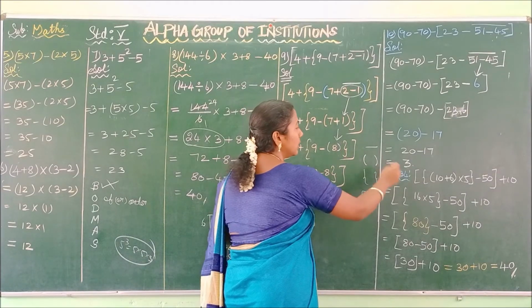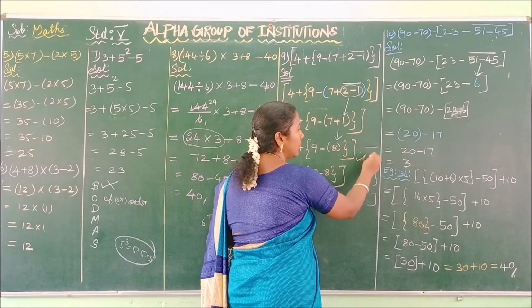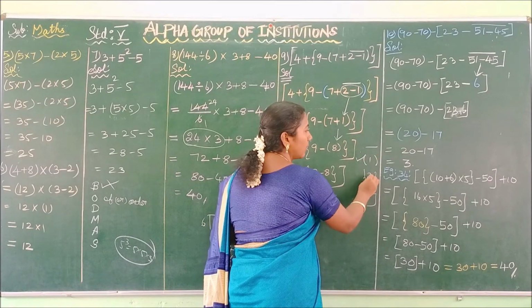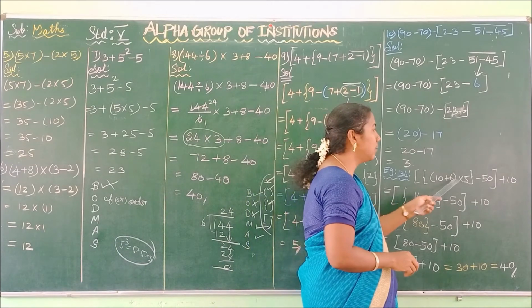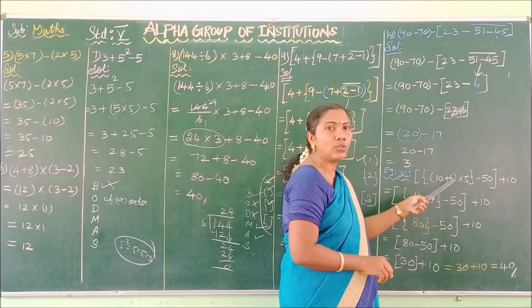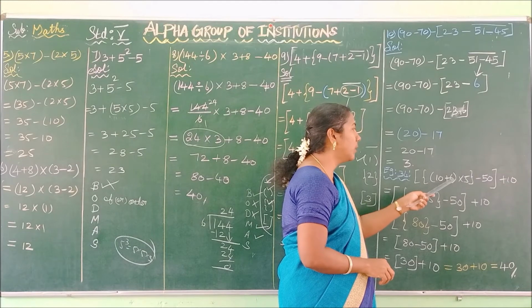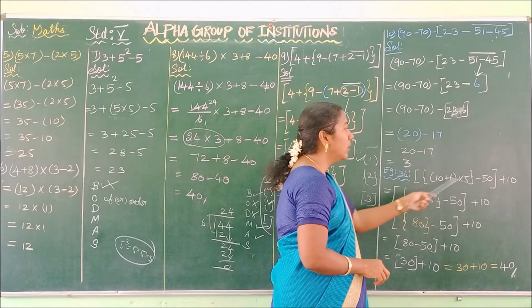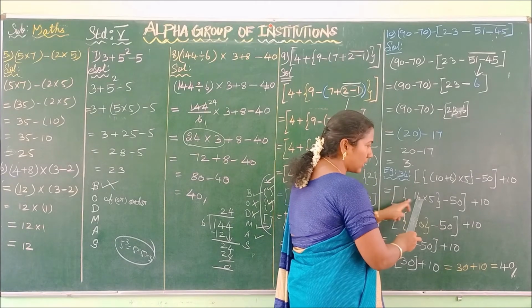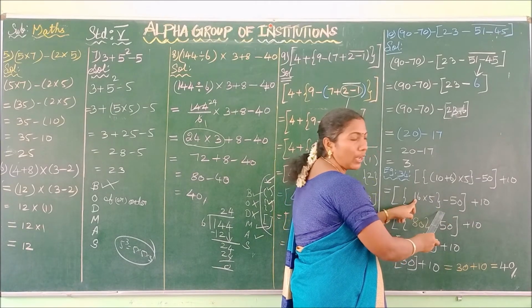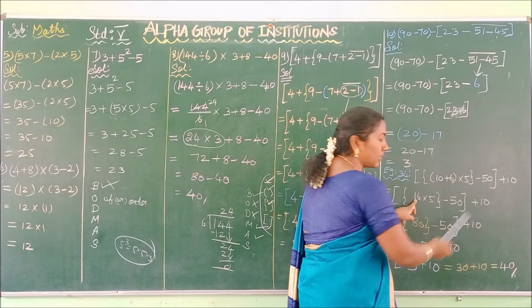Here we have a simple bracket. So you have to evaluate the simple bracket first and then the curly bracket and then the square bracket. Within the simple bracket we have 10 and 6. You have to add this. 10 plus 6, 16 into 5. Write as it is, 16 into 5 minus 50 plus 10.